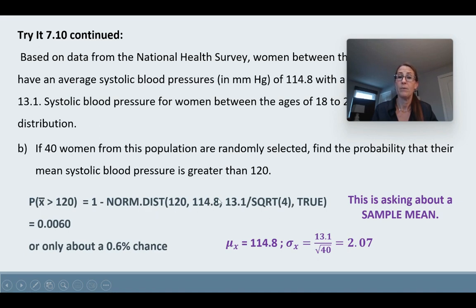There's our sample mean, our sample mean standard deviation, and the word true. And there's only about, so 0.006 is about a 0.6% chance that the mean of the 40 women, the mean of the sample, is greater than 120. So it's very different than just one individual from the original distribution.